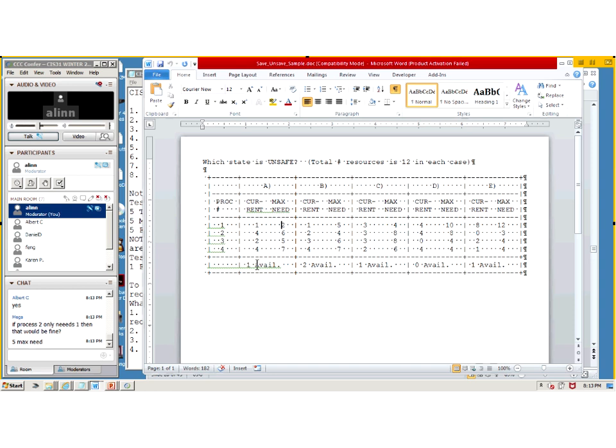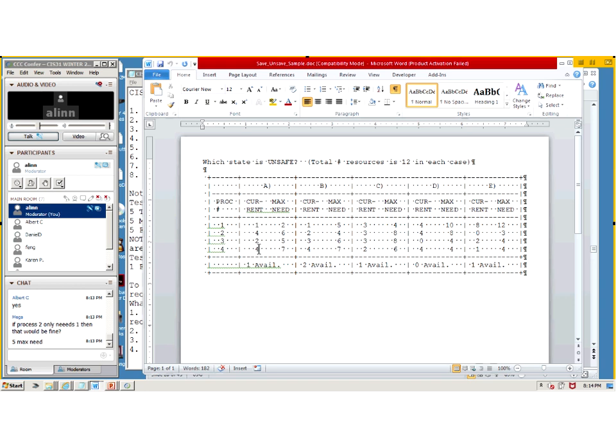But the way it's set up, the only process that could really get 1 is process 1. I cannot give it to 2, 3, or 4. If I did, I would be in an unsafe state because none of them would finish. And the other thing I need to say about this is the maximum need doesn't, we don't know if it's already had its maximum.